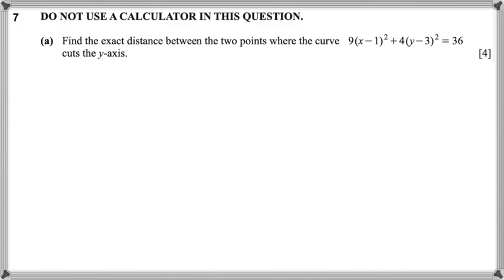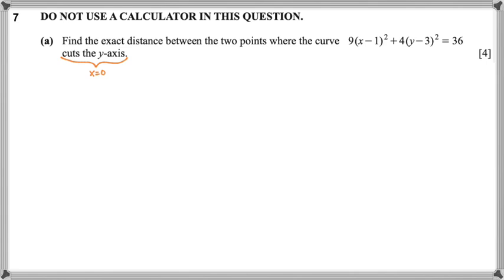So let's have letter A. For letter A, it cuts the y-axis. So the keyword that we have is it cuts the y-axis. And when we say cuts the y-axis, x is equal to 0. That's the clue we have here.